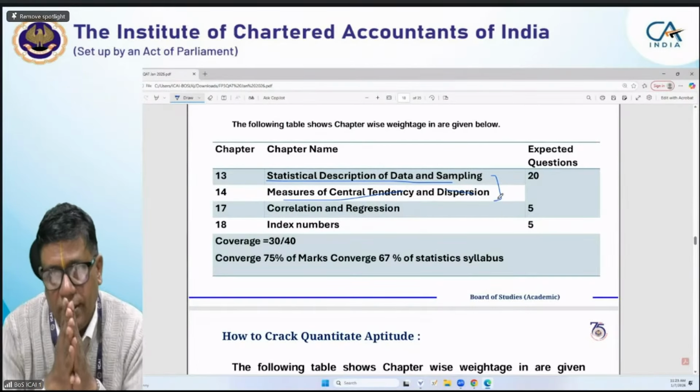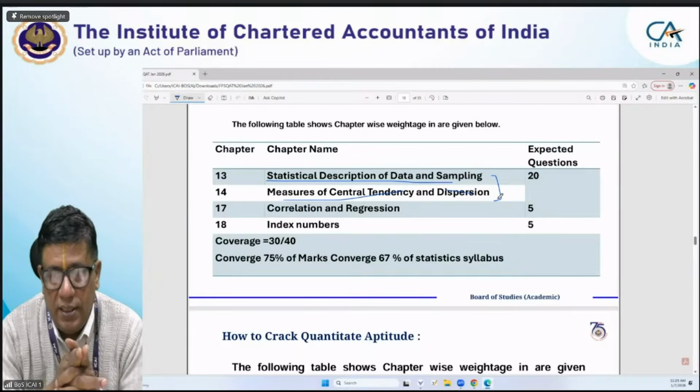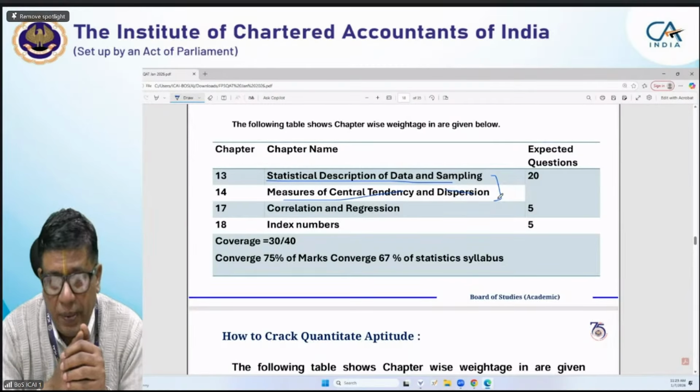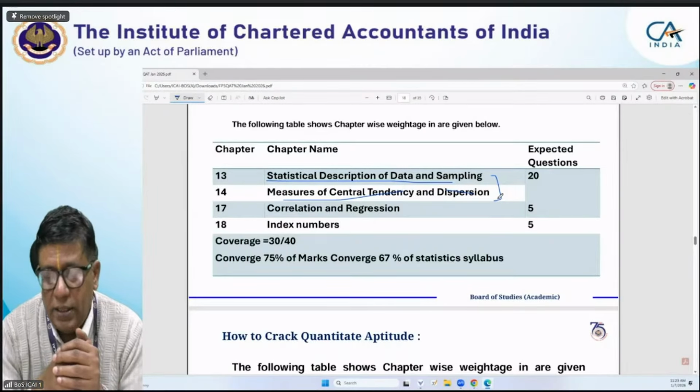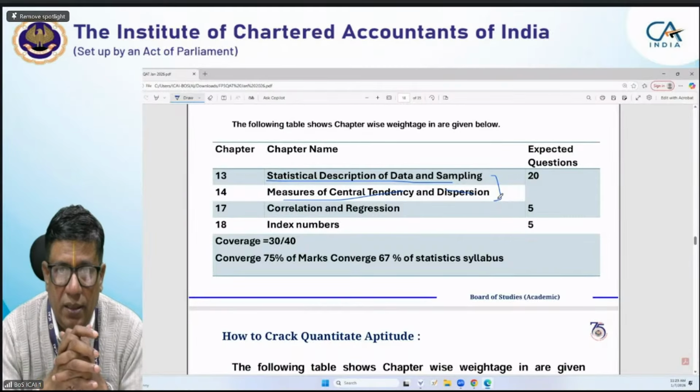That means if you look at just these 2 chapters, logical reasoning is another 20, and 40, that means, and the next one is mathematics of finance.